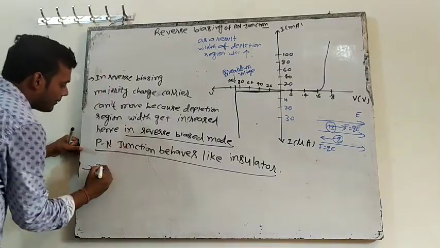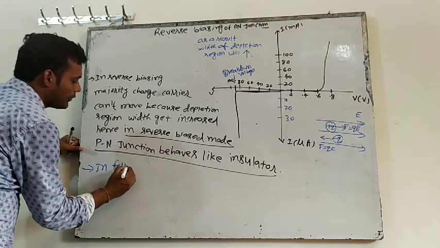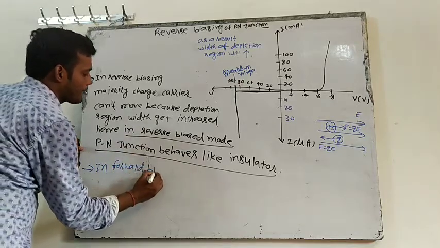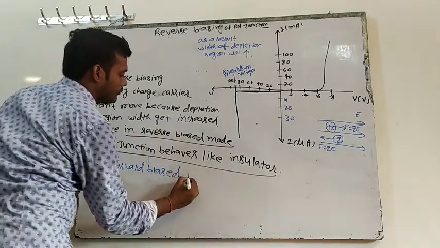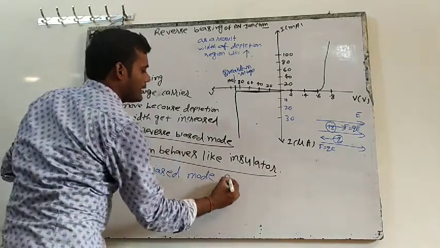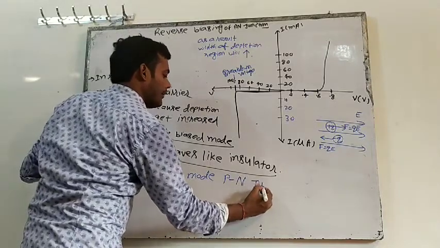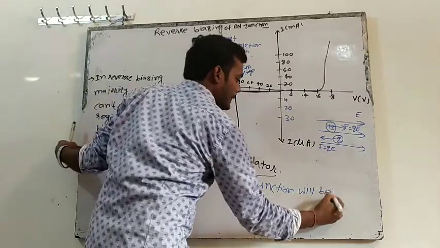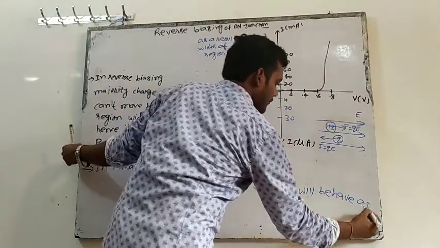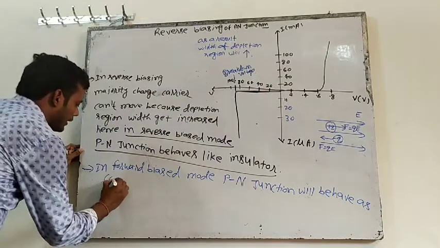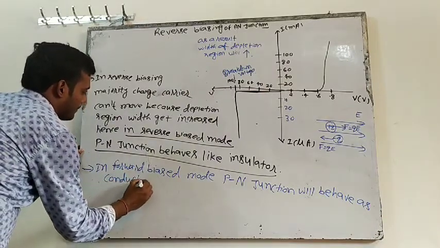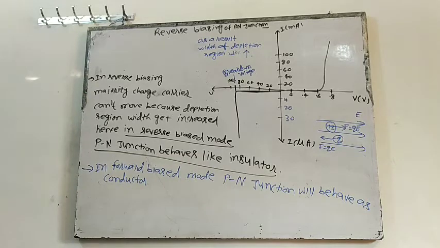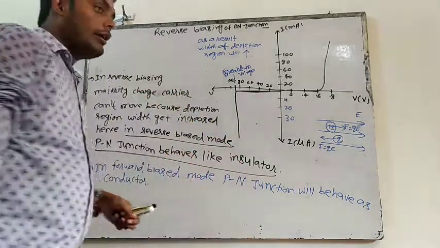I have discussed in my previous lecture that in forward biased mode, the p-n junction will behave as a conductor. Okay, thank you.